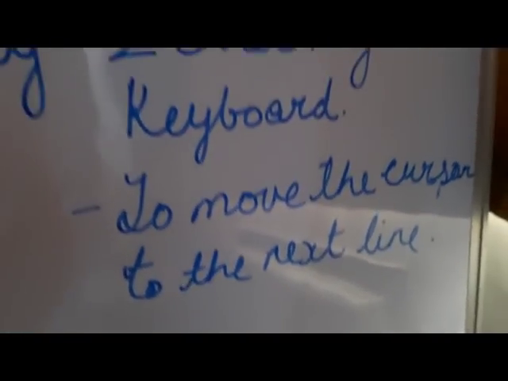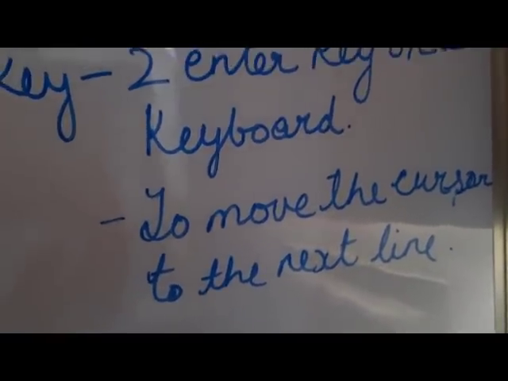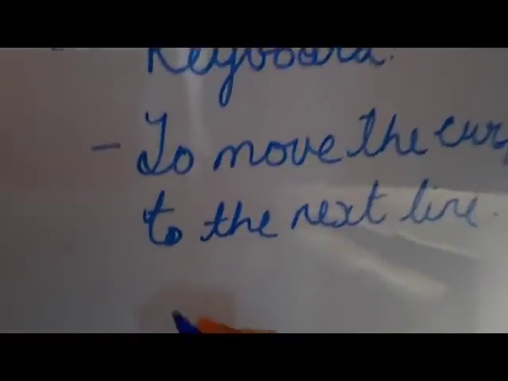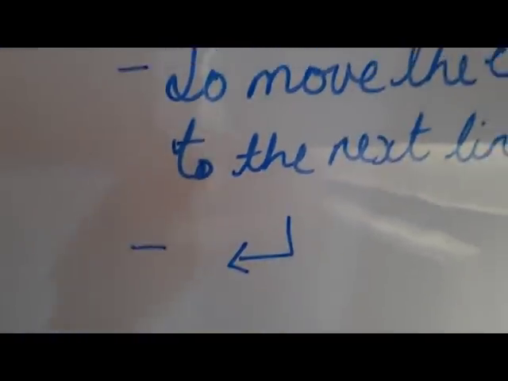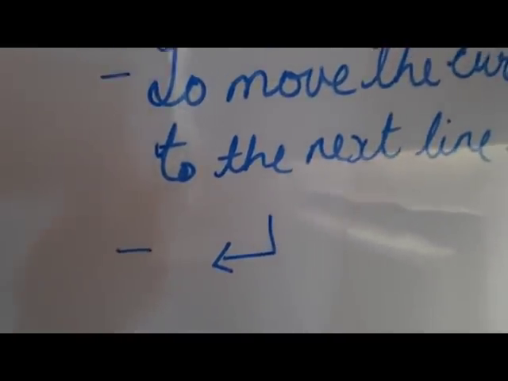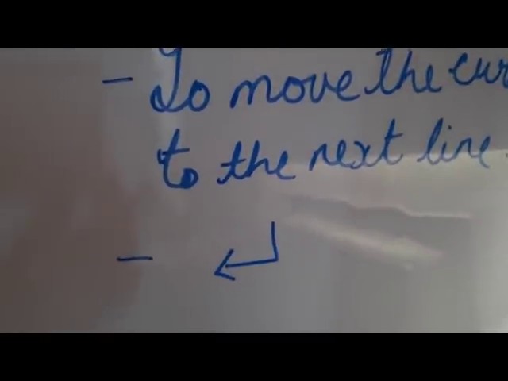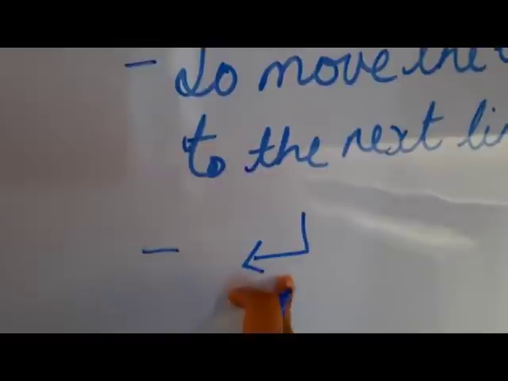So when we are typing on a keyboard and we want to move to a new line, we press the enter key. It has a sign also. There is a symbol for enter key which is like this. So on some keyboards you will see enter written on the key, but on some keyboards you will just find this symbol there. And it represents the enter key.